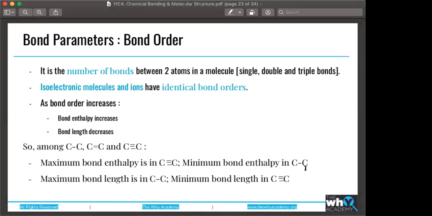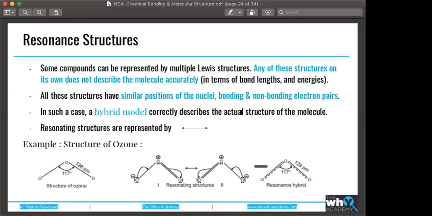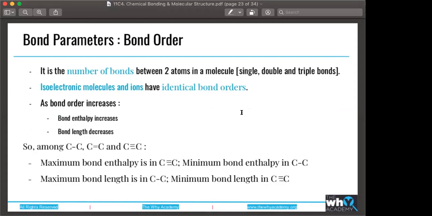Okay, all of these are basically observations and conclusions on all these bond parameters. So before we get to resonance structure, are you clear about the different bond parameters? 1, you have bond length. 2, you have bond order. 3, you have bond enthalpy.